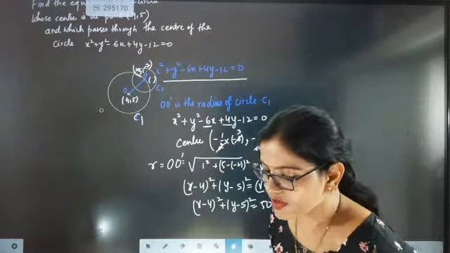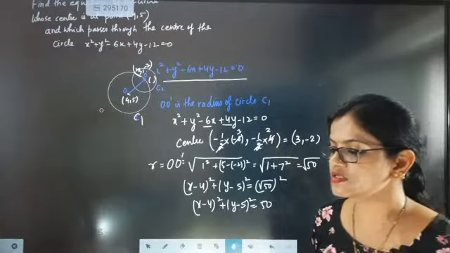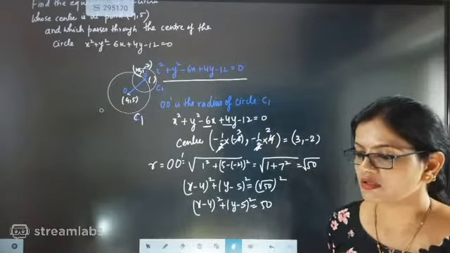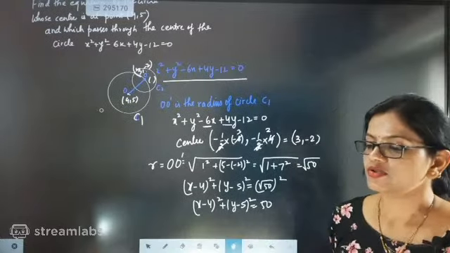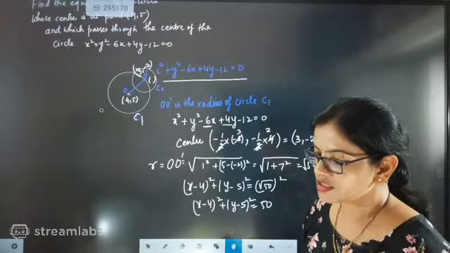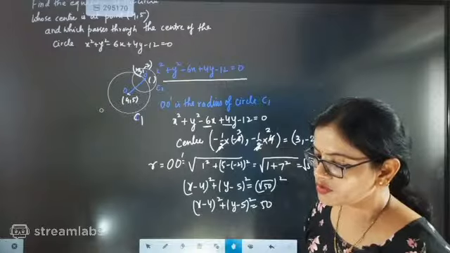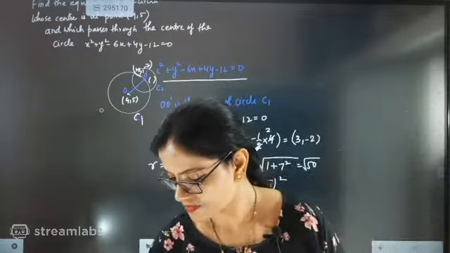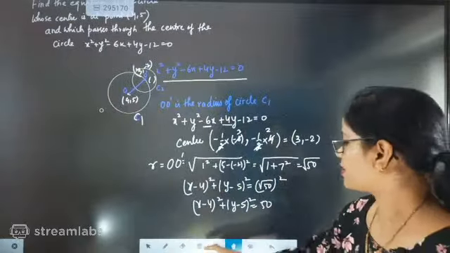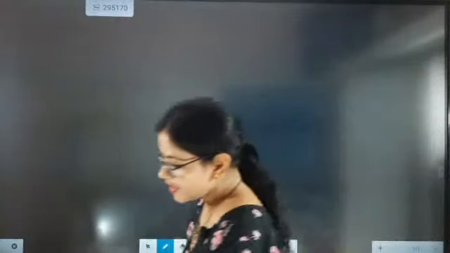So I hope you might have understood how to solve these type of questions. Okay, Kritika. So shall we go for the next question, beta? These type of questions are very important to solve. Okay, we'll go for the next question.